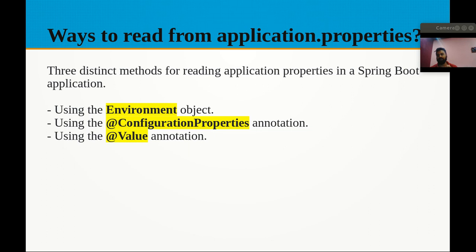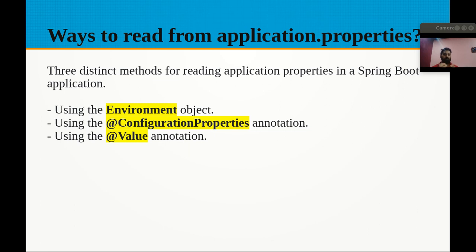We are going to see all these ways step by step, in a program, to see how we can fetch the values. The second way is by using the @ConfigurationProperties annotation. Here we define a simple old Java POJO class.